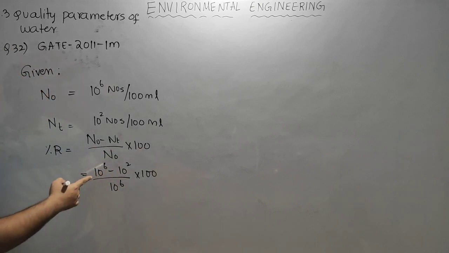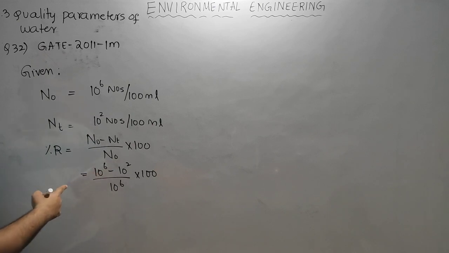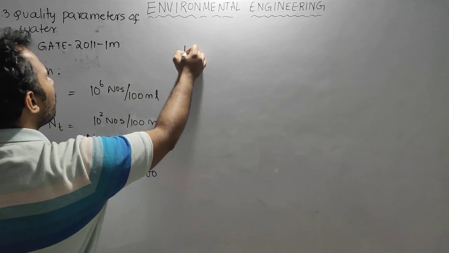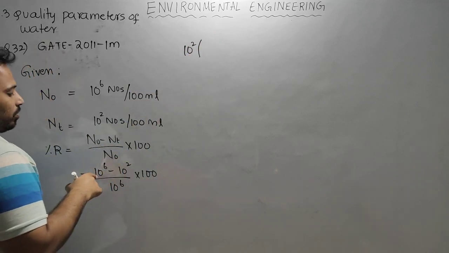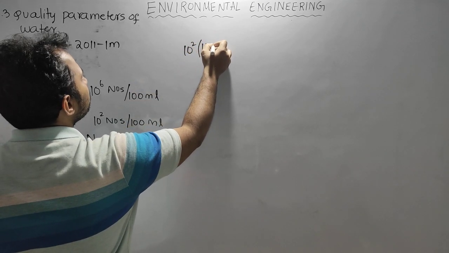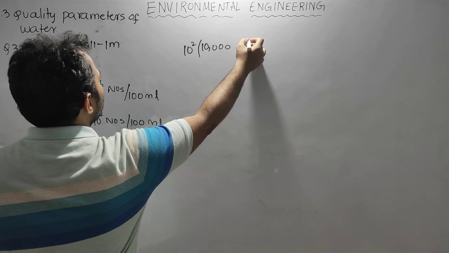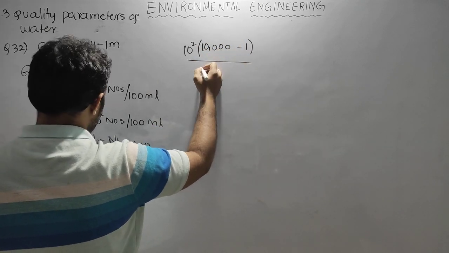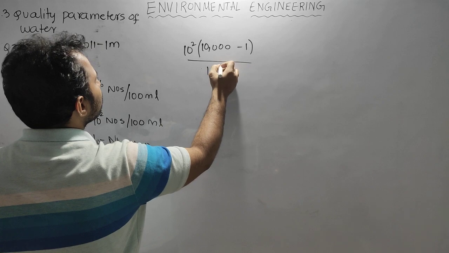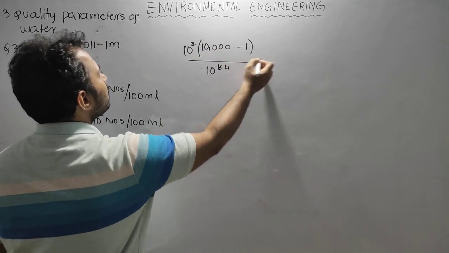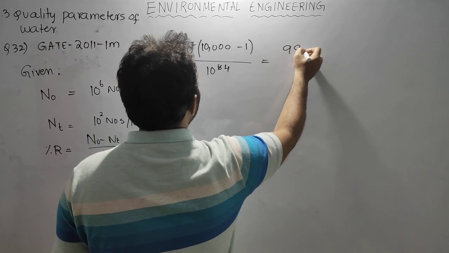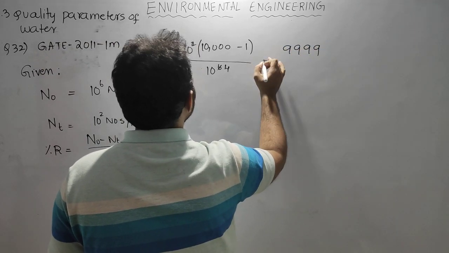If I take 10 square common, 10 square into 10 to the power of 4, which means 10,000, minus 1 by 10 to the power of 6. So 10,000 minus 1 is 9,999, into 100.